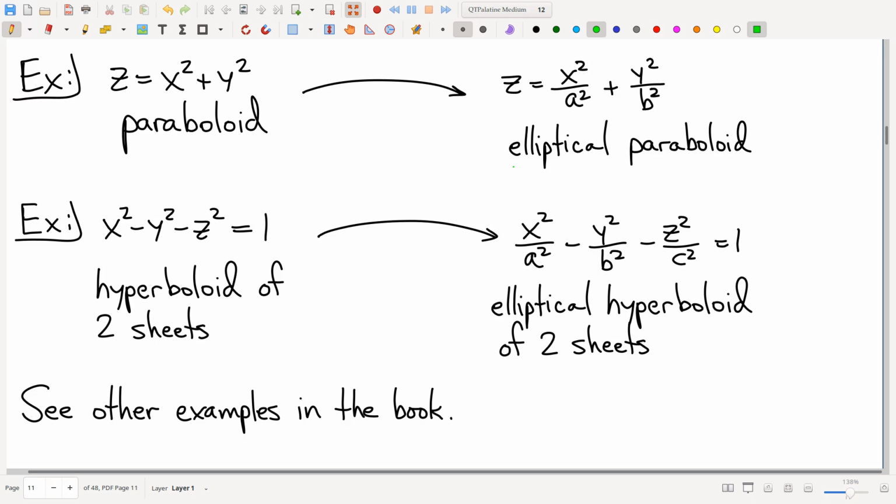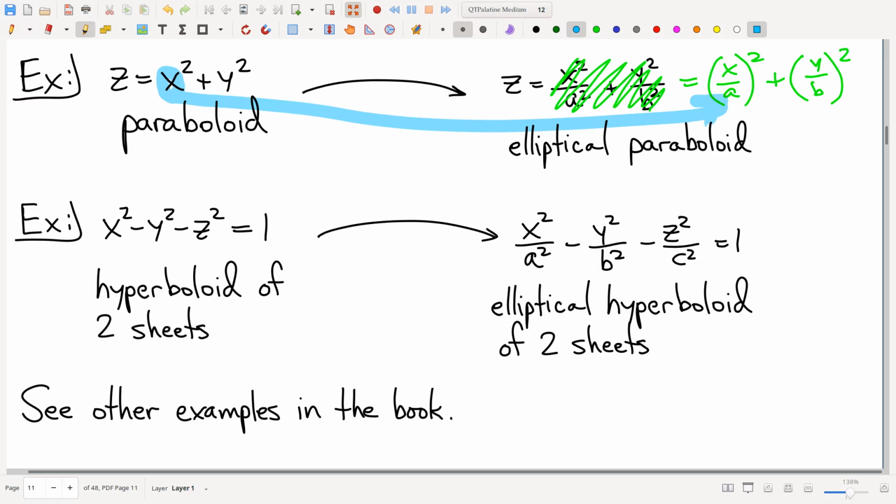So much easier to understand this instead as x over a quantity squared plus y over b quantity squared. Now it's a lot easier to see explicitly that x is being replaced with x over a, not with x over a squared.